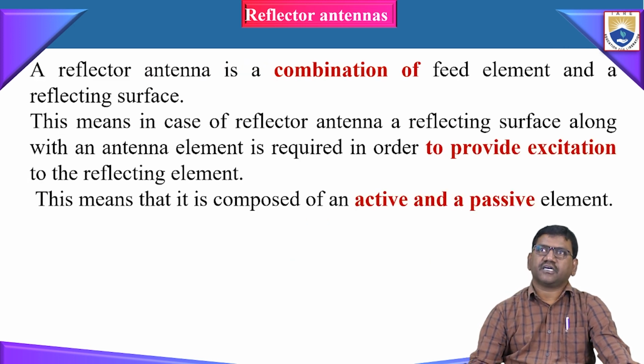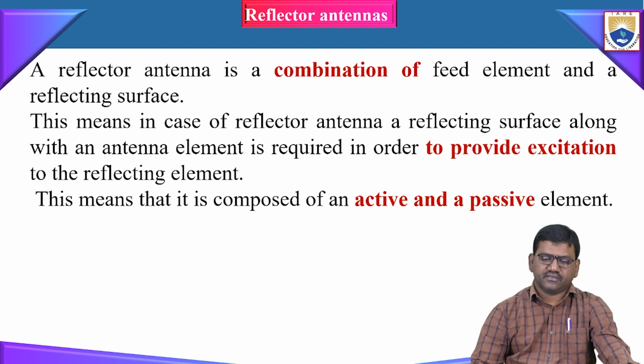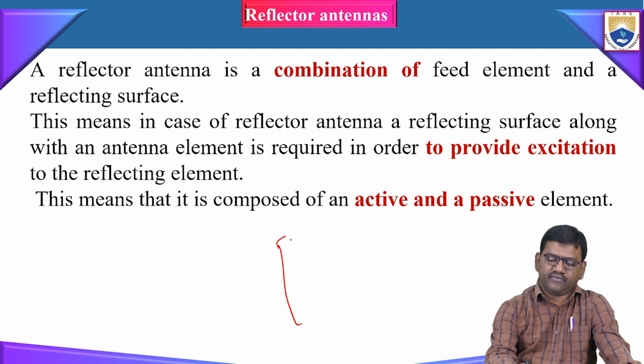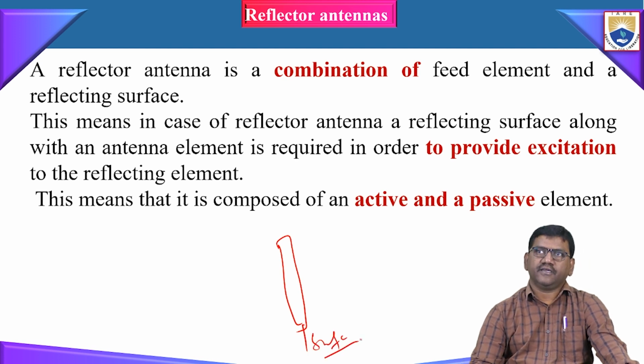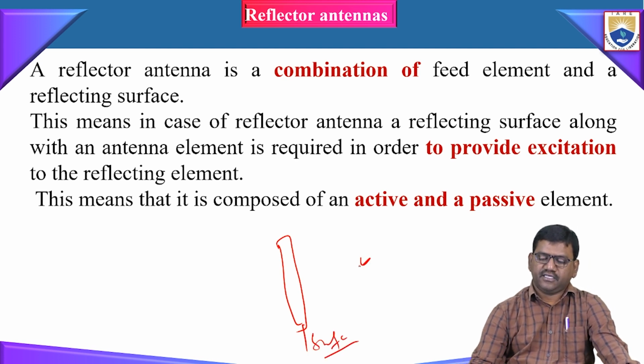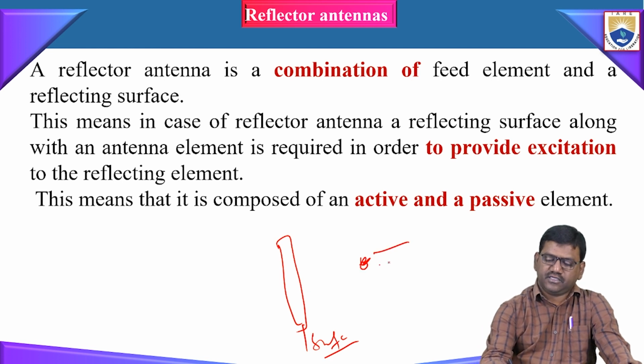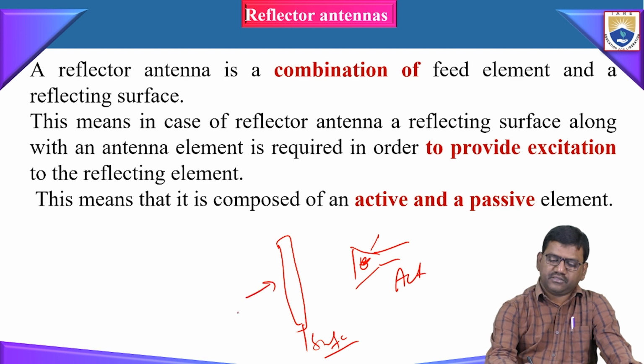So a reflector antenna is a combination of feed element and the reflecting surface. Here this is the reflecting antenna, and this is the surface of the reflecting rod. We are providing excitation here. Hence this is known as the active element, and this is known as the passive element.